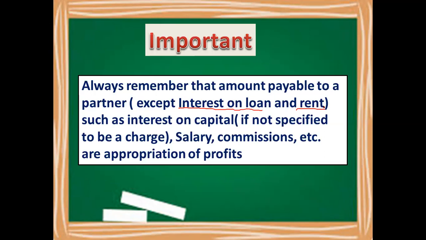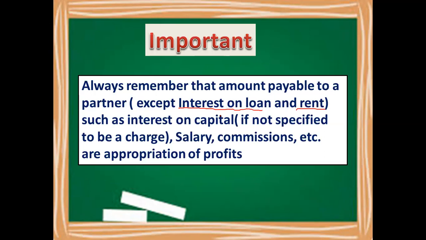The rent is something that has to be paid. It is like this. And interest on loan, if a partner has provided any loan to the firm, whether the firm earns profit or not, it has to be given. So if a partner has given any loan, interest is a charge. It will be shown in the profit and loss account. If a partner has provided any building, rent is a charge. It has to be shown in the profit and loss account.